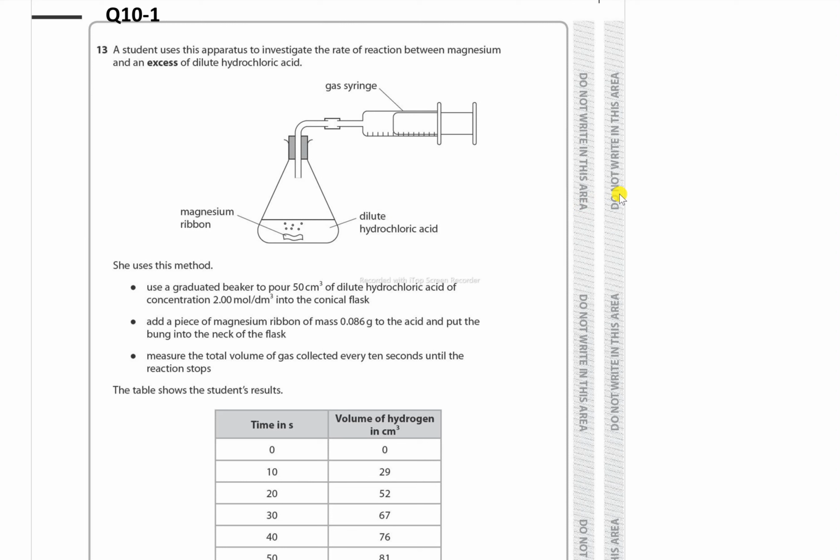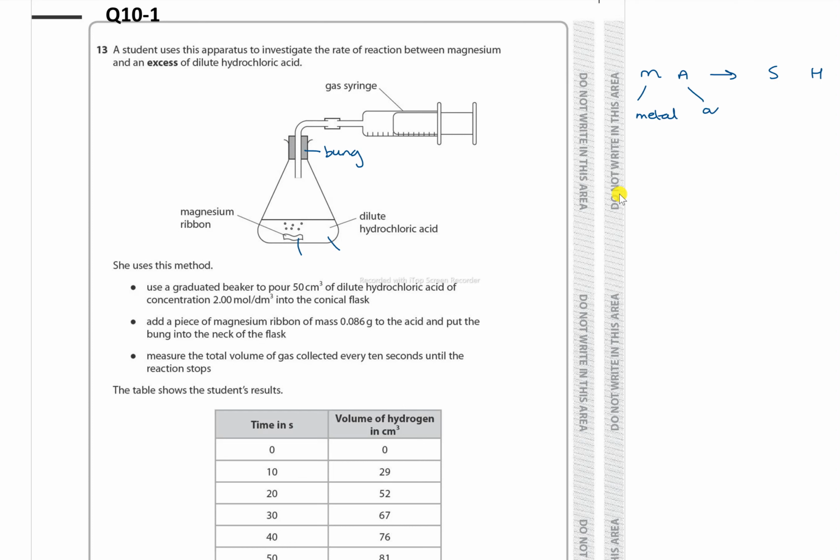Again, here what you've got is your magnesium ribbon, dilute hydrochloric acid. There's your bung, and there's your gas syringe. So this falls under the MASH acronym. That is a metal, which is magnesium.